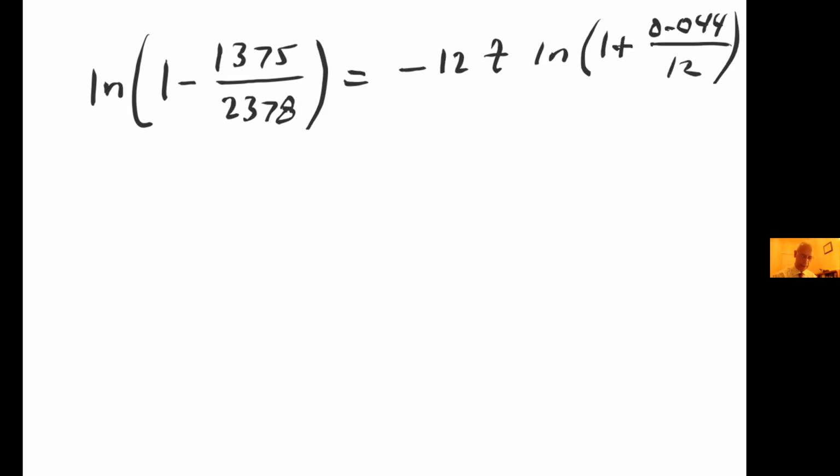Notice that t is being multiplied by two things: negative 12 and this amount in my calculator.